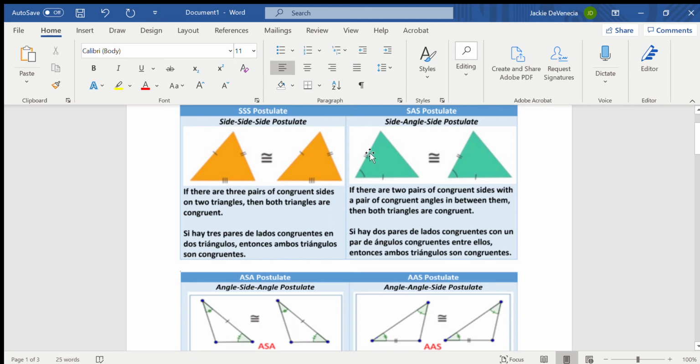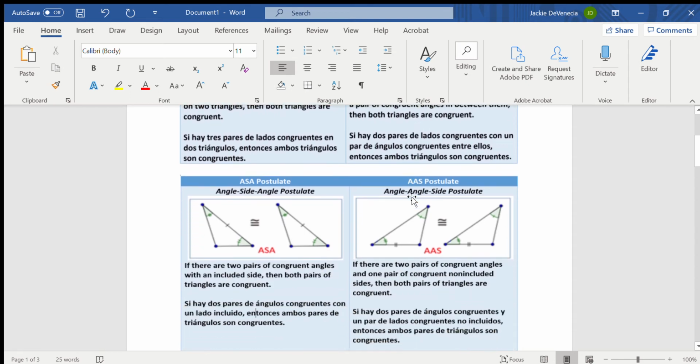So when the angle is in between the pairs of matching sides, then you can use the side angle side postulate. So those will also allow you to prove that the whole triangle is congruent.